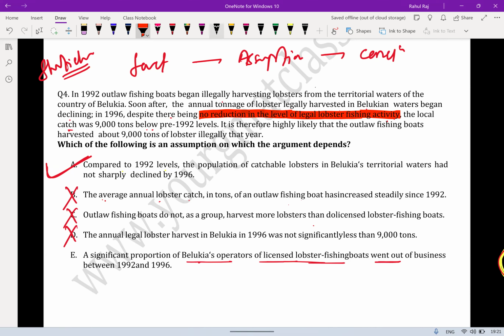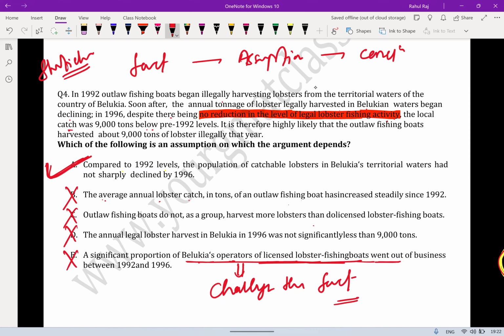Don't you feel this option is trying to challenge the fact? Is it trying to challenge our fact? Yes or no? It is, right? So this answer is wrong, guys. You have option number A as your answer. Am I right?